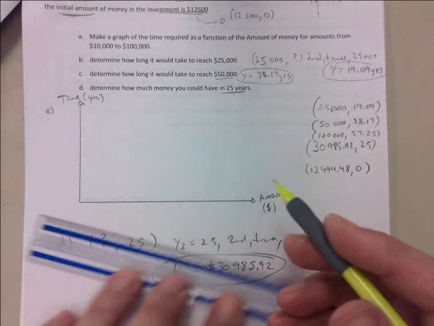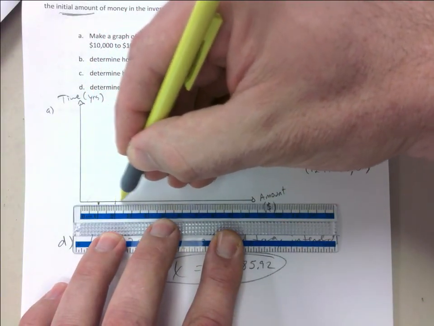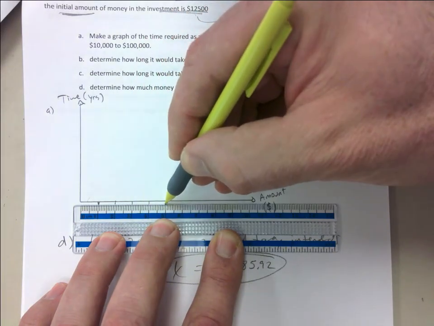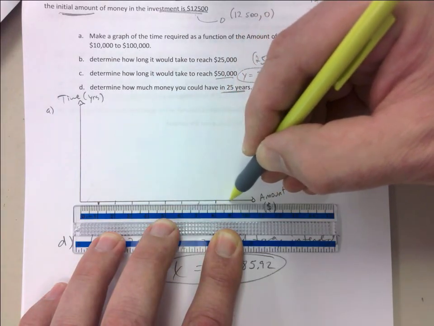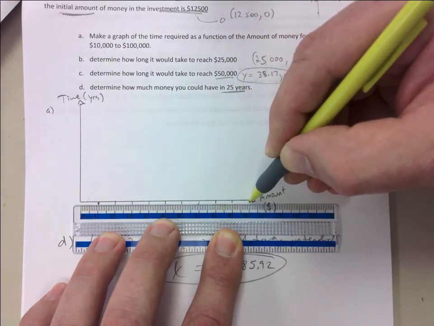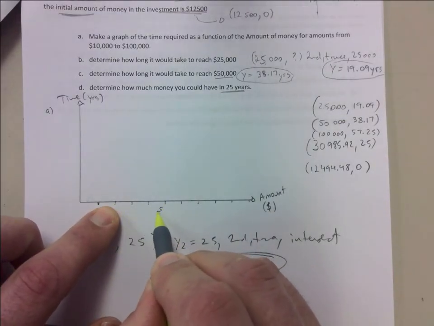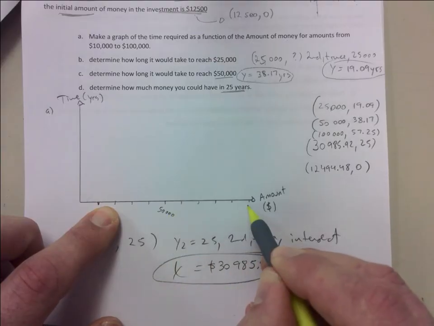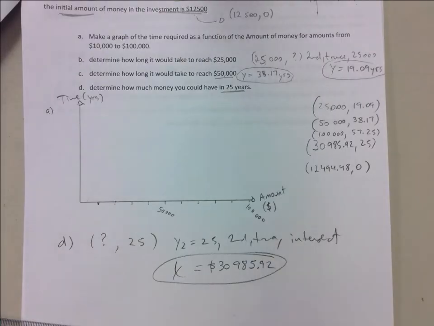So that means that I need to account for 100,000 here. So I'm going to use my ruler to help me out. Let's see here. 10,000, 20, 30, 40, 50, 60, 70, 80, 90, 100,000. So 2, 4, 5. This is my 50K mark. This is my 100,000 mark. That's good enough. You label, you're telling us what you're going up by.